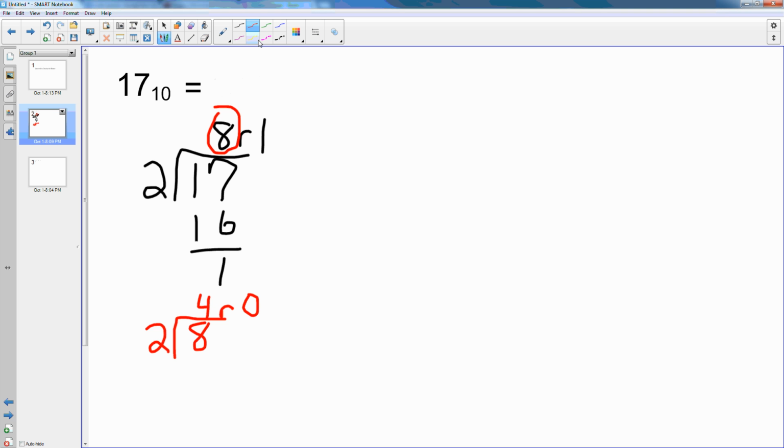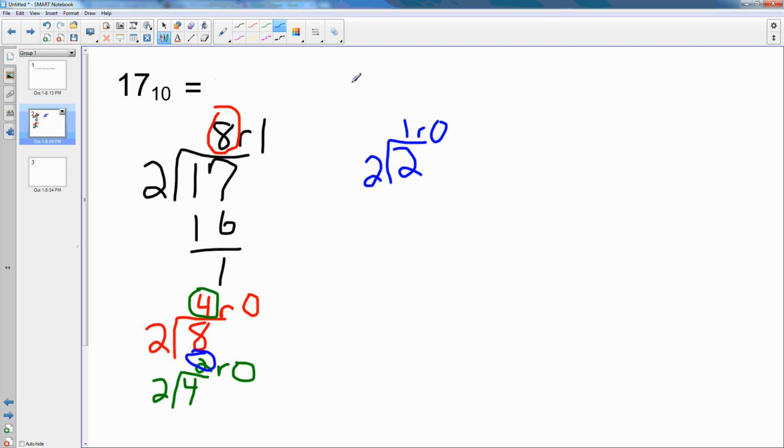So then I'm going to take this 4 right here, and say 4 divided by 2. And we know that 2 goes into 4 2 times with a remainder of 0. Okay, then I'm going to take this 2. I'll circle the 2. I'm going to say 2 divided by 2, and it goes in 1 with a remainder of 0.